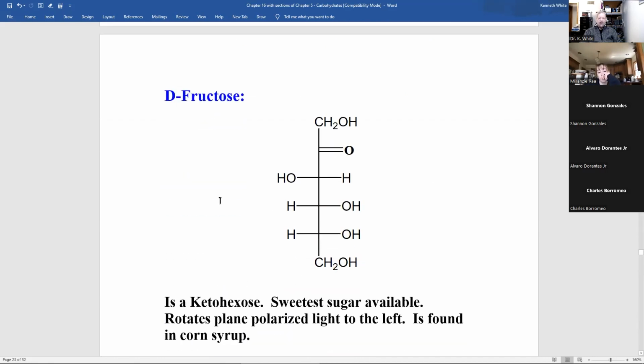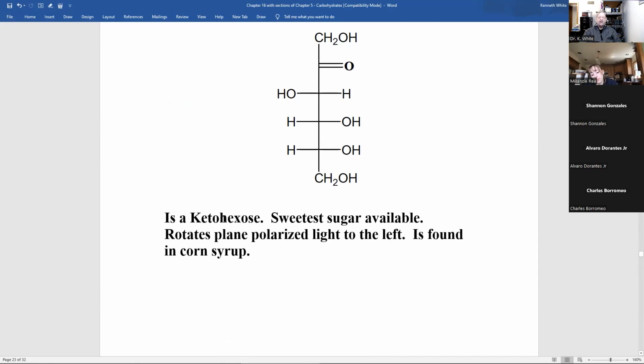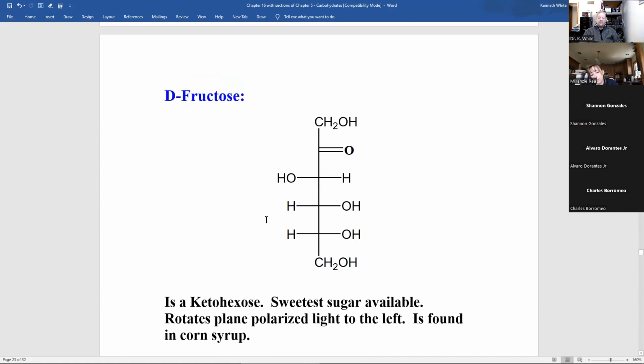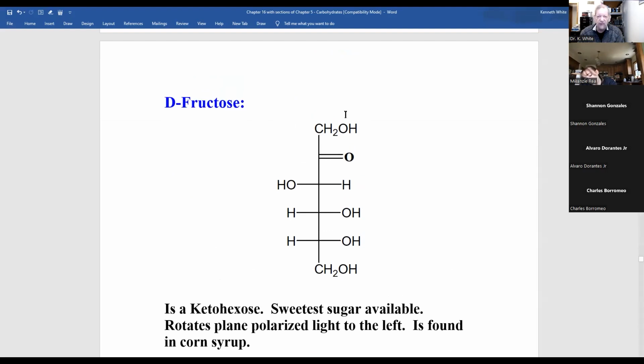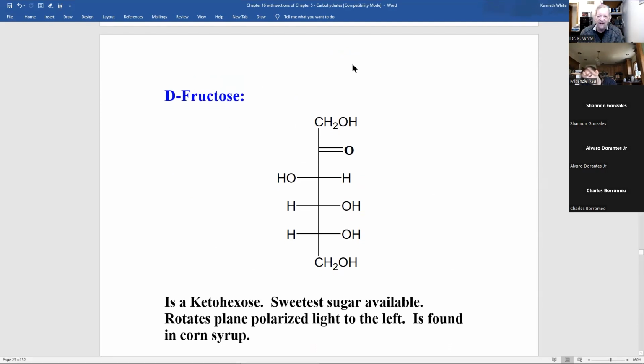Now, D-fructose, again, switches off, but we'll talk more about it, is this compound. It's also a sugar. It's called a ketohexose because it has 6 carbons. Now, it turns out fructose is the sweetest sugar we know of. Let's find out something real quick.